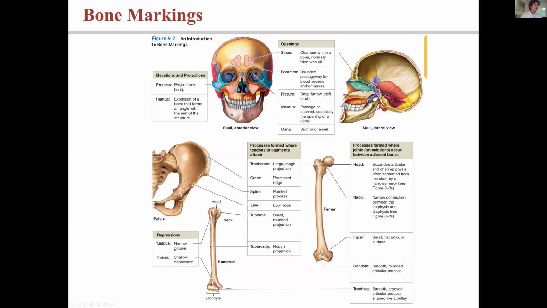Okay, depressions, you're going to have sulcus or a fossa. Fossas are more intuitive. They look like bowls within bone. Sulcus, they're grooves usually present due to erosion by a particular force. Sometimes it could be a tendon or something along those lines.